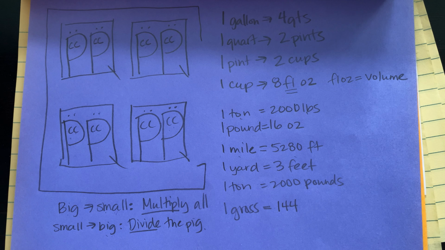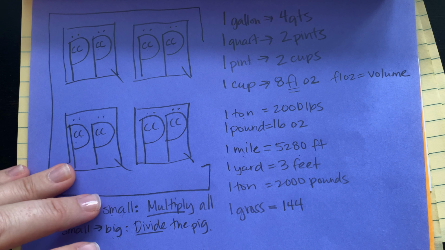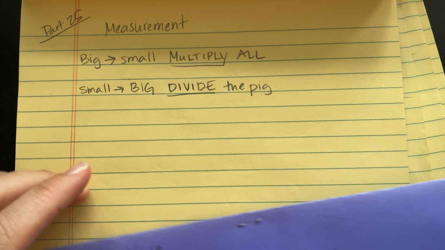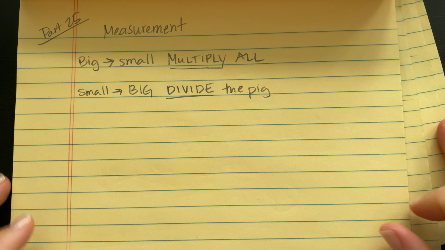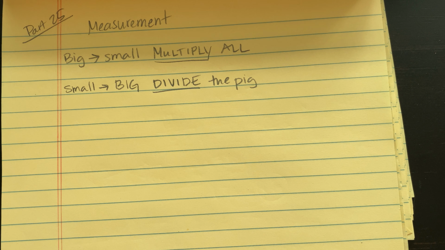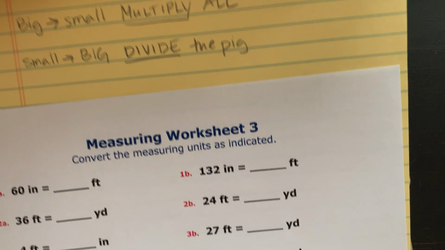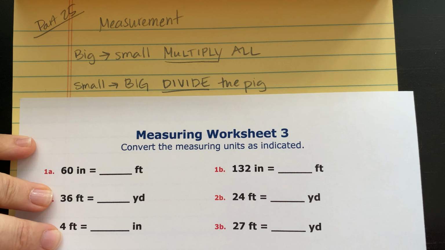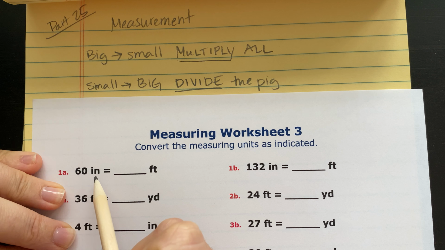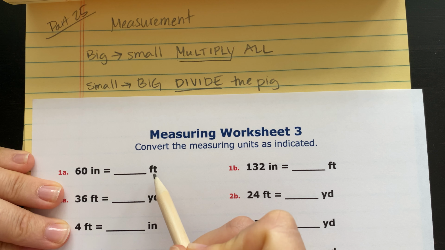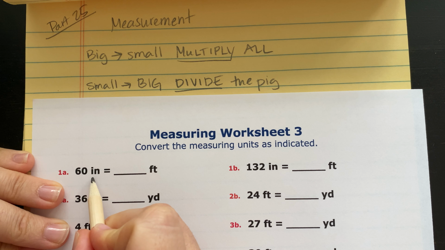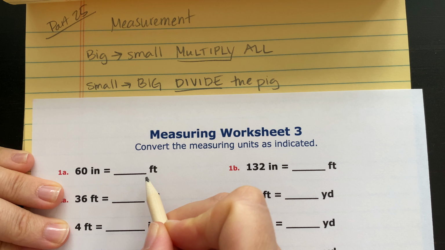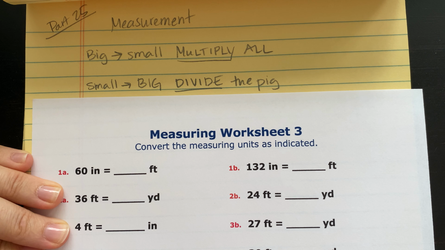Okay, so let's do some practice with this. Big to small, multiply all, small to big, divide the pig. Let's do some practice using this worksheet here. For this first one, we are going from inches to feet. So we are going small to big, so we are going to divide the pig.